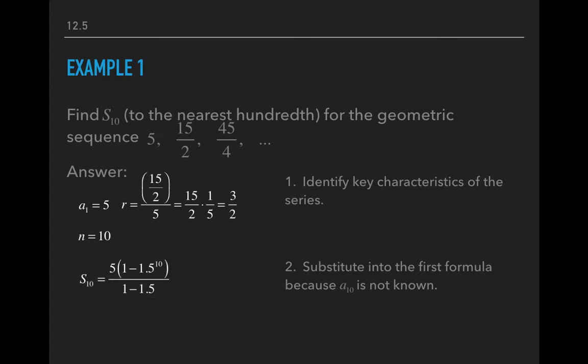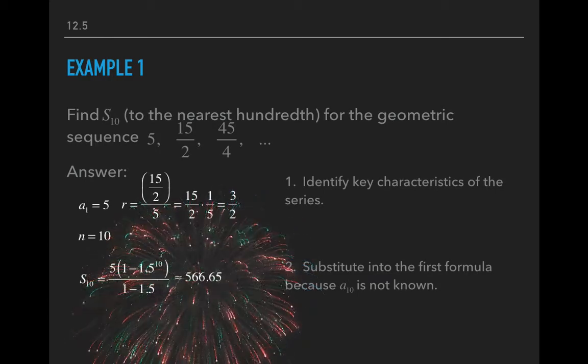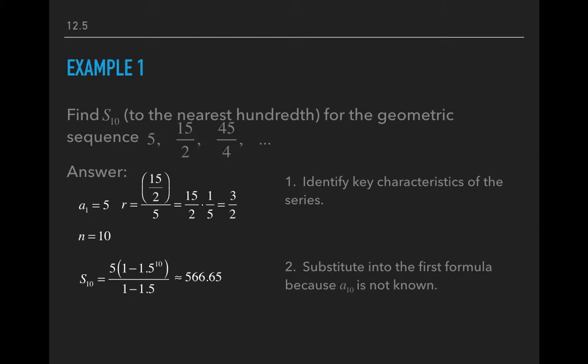So the sum of the 10 terms is going to be 5, which is a1, and then in parentheses 1 minus your rate, 1.5, that's the same thing as 3 halves, to the 10th position, all over 1 minus your rate. Go ahead and plug that into your calculator right now. Take a moment to do so. You should have found it to be, when rounded, 566.65 as the sum.